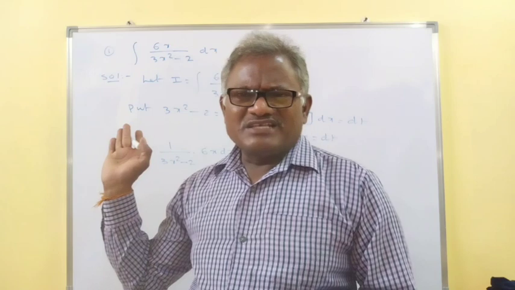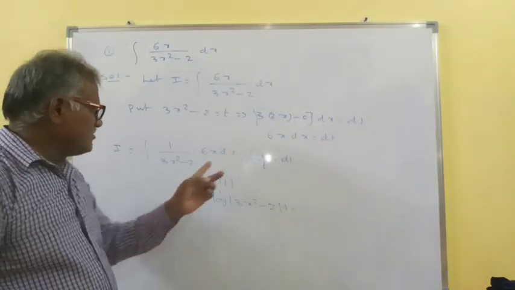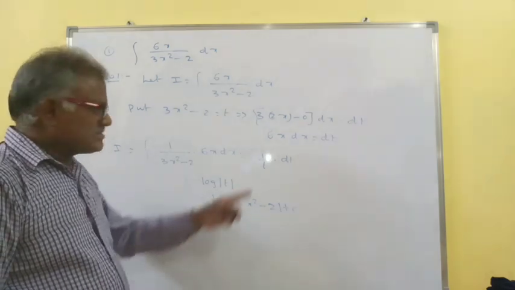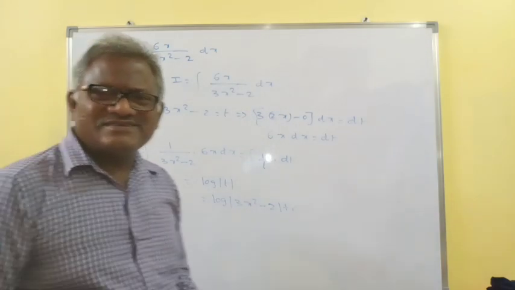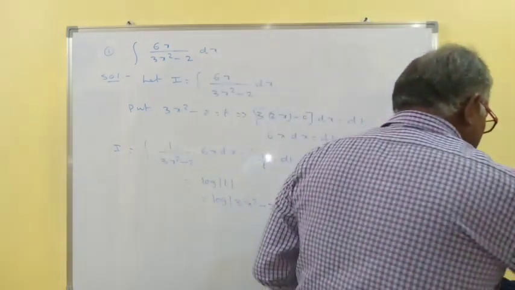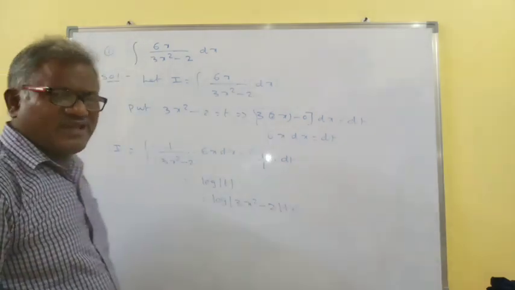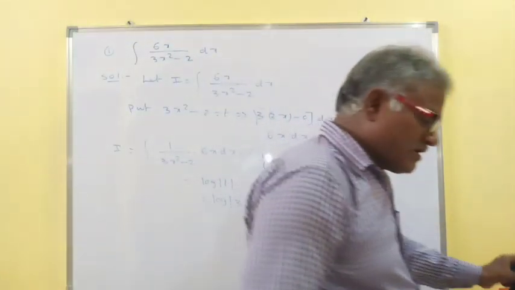Simply assume the denominator to be t. After differentiating, you have to obtain this one. So 1 by t means log t. This is the way to do. Whenever formulas make some students feel difficulty, just go through the procedure. So this is example 1 before 6b.